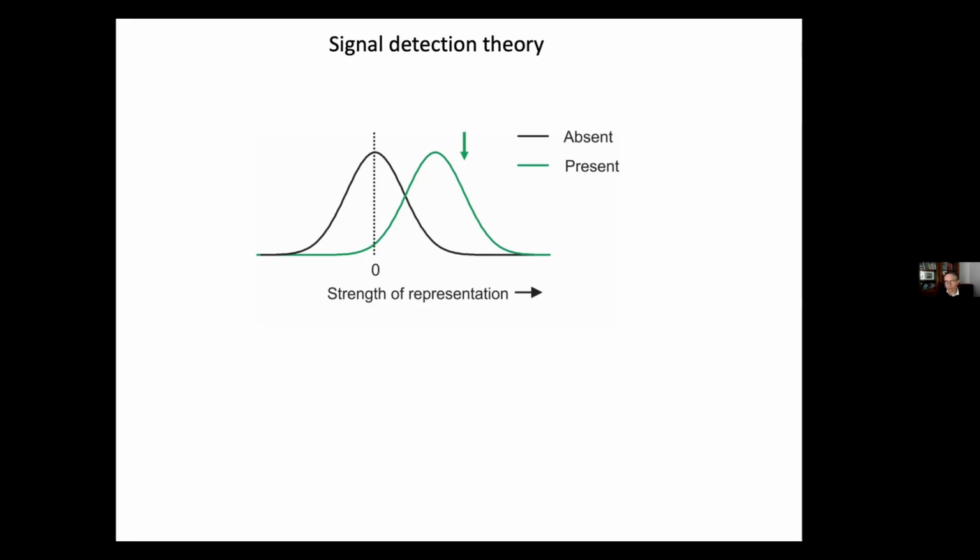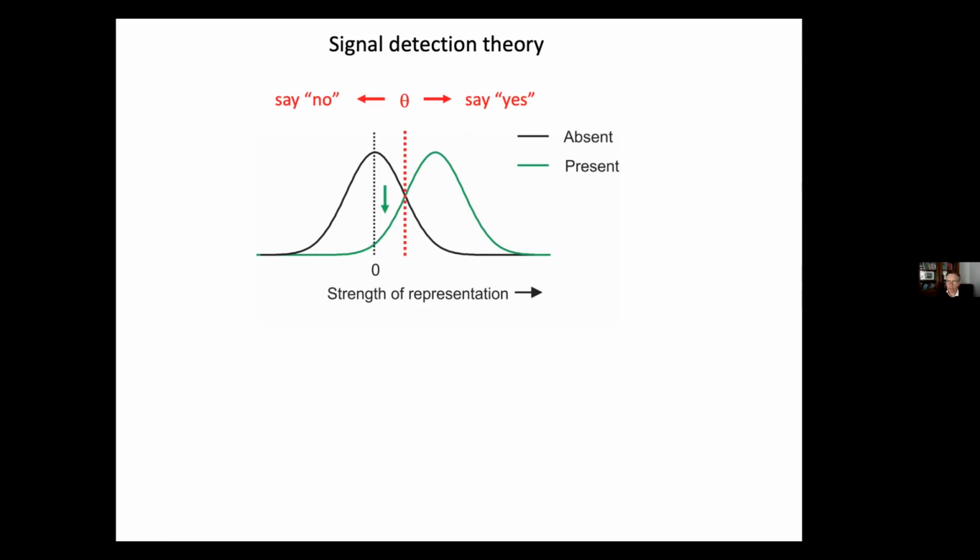So when you present a weak stimulus, sometimes you might get this level of internal stimulus strength. And what you then do, according to the signal detection theory, is compare it to a threshold. If the stimulus is higher than the threshold, then you'd say yes, and that's what we call a hit. If for some reason there's stochasticity in the system, it stays below the threshold, you say no, and that would be called a miss.